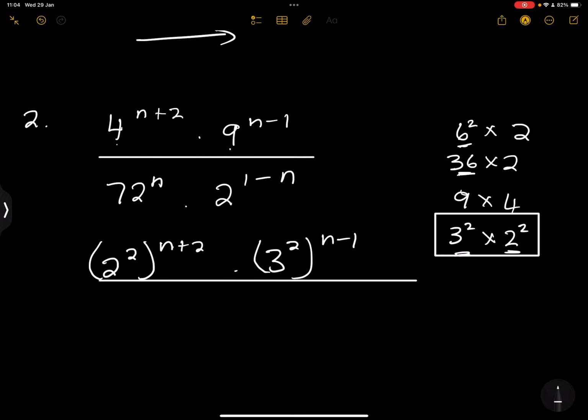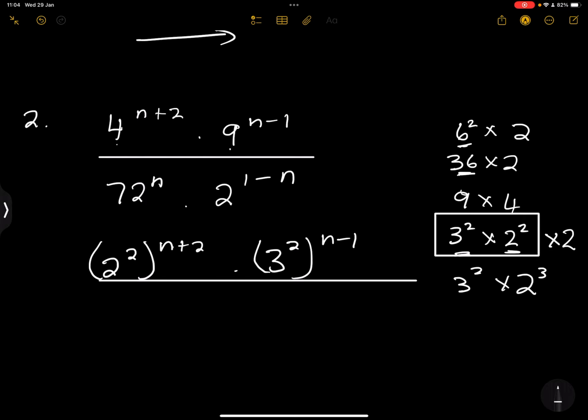I am correct, right? And that does give me 36. But remember, in this case, yes, I left out the 2. So to get 72, that would be 3 squared times 2 squared times another 2. So that would actually be 3 squared multiplied by 2 cubed, right? That would give me 72.